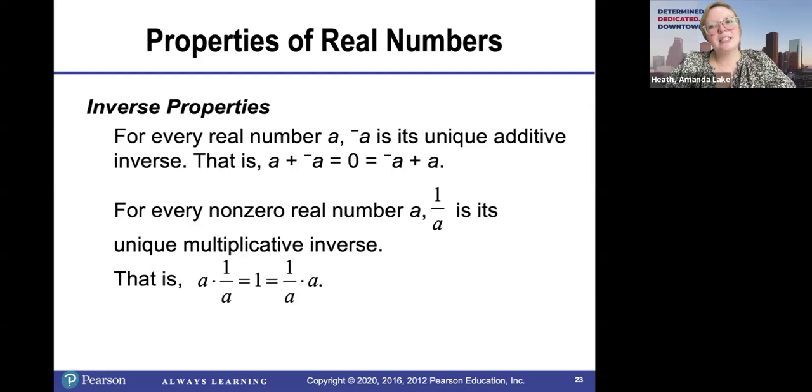And something interesting about the real numbers is that they all also have inverses for addition and multiplication. So for every real number A, negative A is its additive inverse, because if we take A plus negative A, we get 0. And if we have that same number and we want its multiplicative inverse, 1 over A is the multiplicative inverse because A times 1 over A is equal to 1.